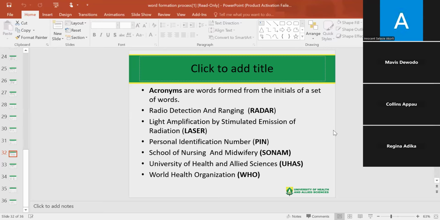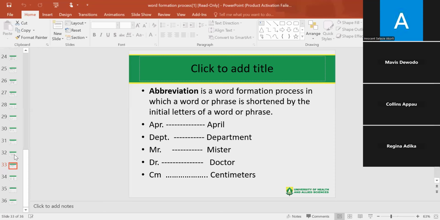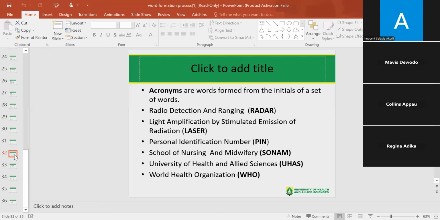Other popular examples are something like ECOWAS. So there's a bit of confusion because some writers will say when the initials come together and are pronounced as a word, it is an acronym. But if you mention them one by one, then they are abbreviations. So for example, PWD may not be an acronym. It's an abbreviation.